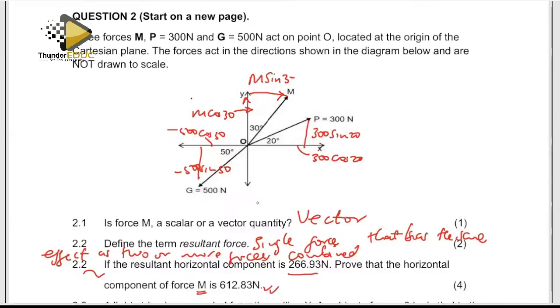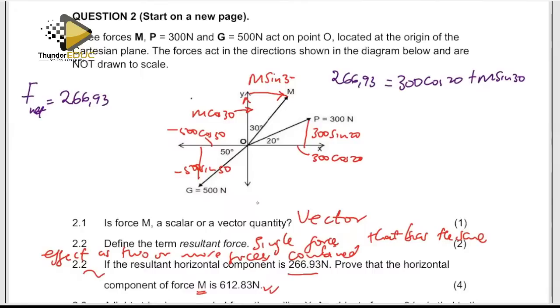When I focus on the horizontal, we know that our F net of the horizontal is 266,93. So I'll say that my 266,93 should be equivalent to the 300 cos of 20, plus the M sine of 30, and then I subtract the 500 cos of 50. I need to make M the subject, so I have to transpose and move everything to the other side.